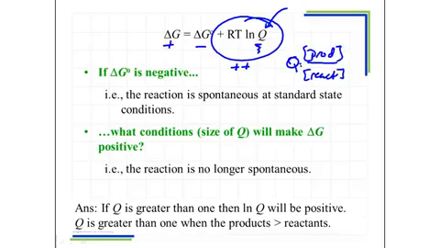So anytime products is greater than reactants, then the Q is going to be bigger than 1. And the natural log of Q will be a positive value, and we can get it positive enough to overcome all the negative that we have here, and we can turn a reaction that was spontaneous in the forward direction to be spontaneous instead in the reverse direction.